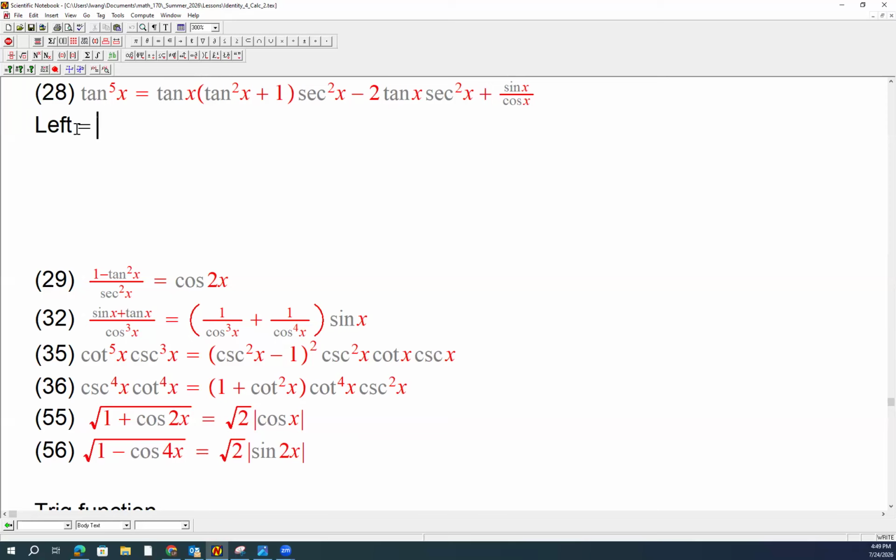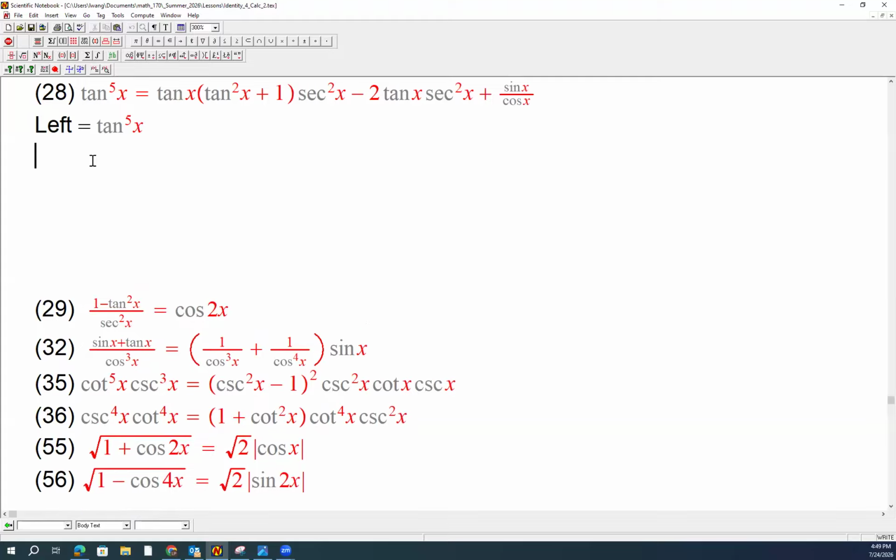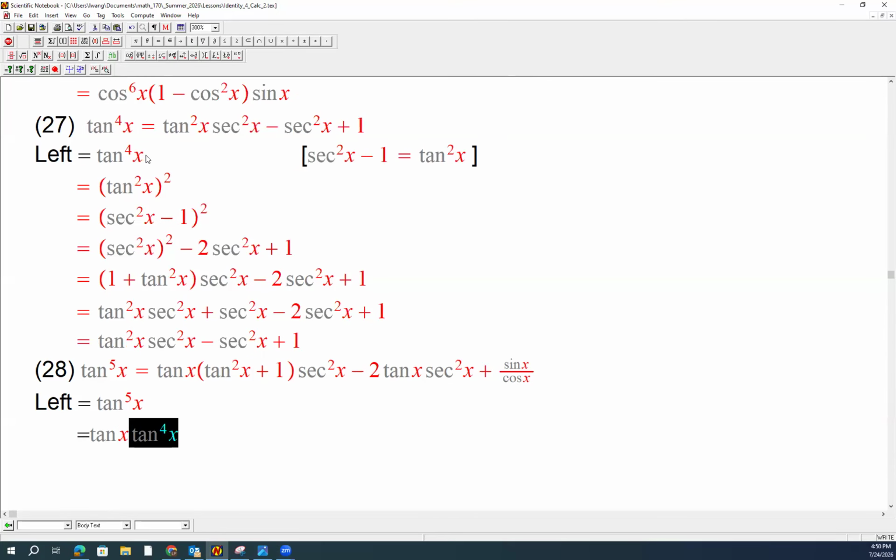So starting from the left-hand side, we're going to write it as tangent x multiplied by tangent to the power of 4. With tangent to the power of 4, we just did it, right? So with that part, we can copy this whole piece.